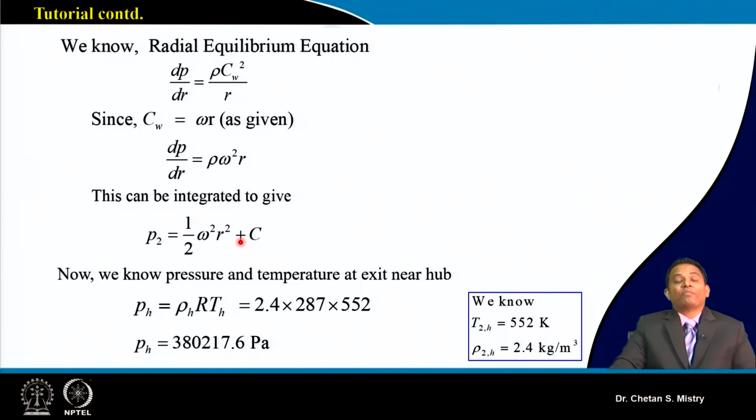So by using our perfect gas equation, P equal to rho R into T, we get my static pressure at the hub. Be careful, everything we are writing is at the hub.